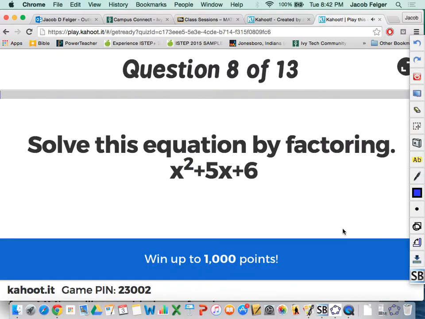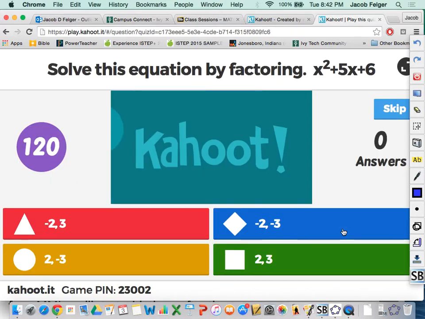All right. Solve this equation by factoring. Actually solving this time, not just factoring. Final answers. I should have put equals 0.